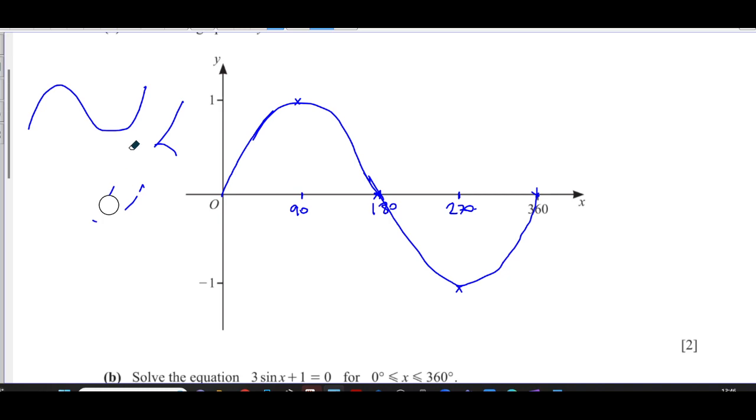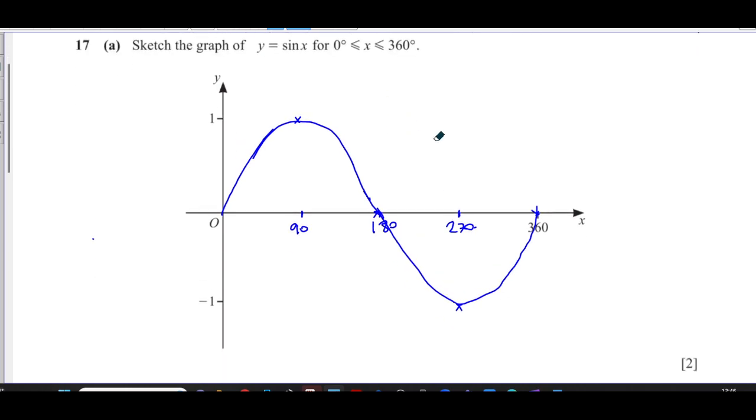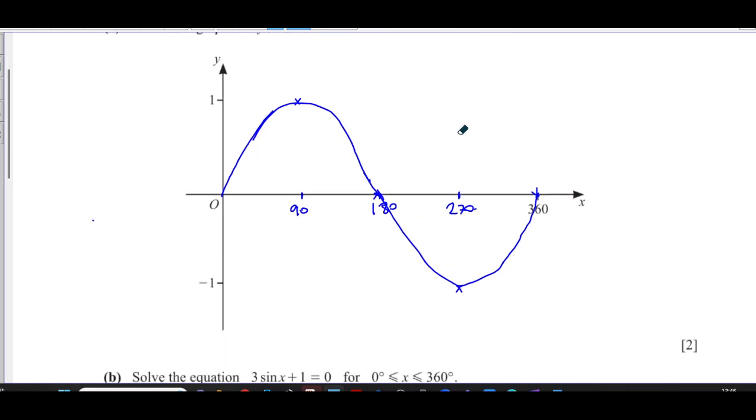So there we have the sine curve as best as I could do it, trying to avoid these double lines. It says just make a sketch of the graph, and that should be sufficient for you to get the marks for that question. So that's what the sine curve looks like.